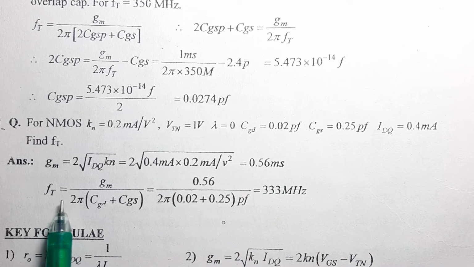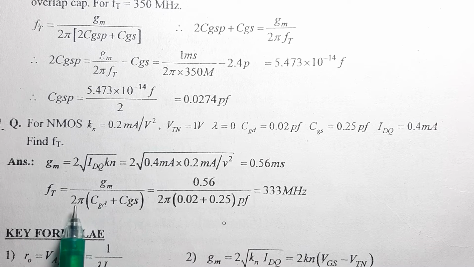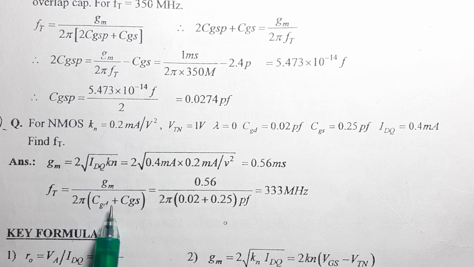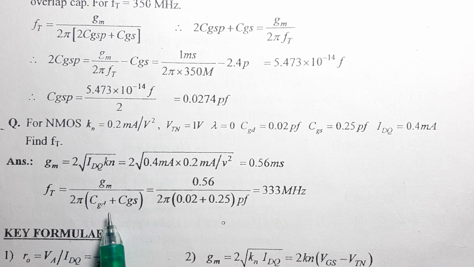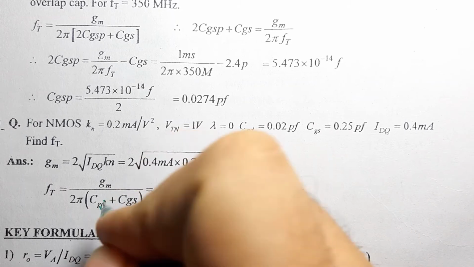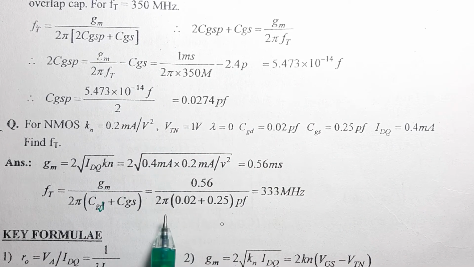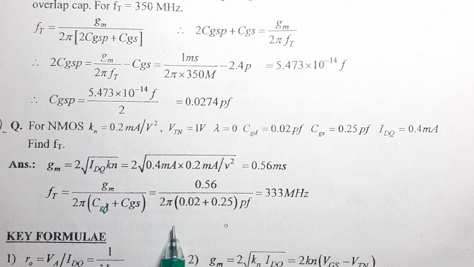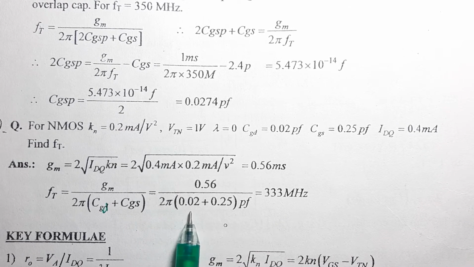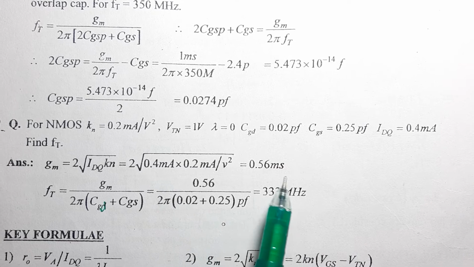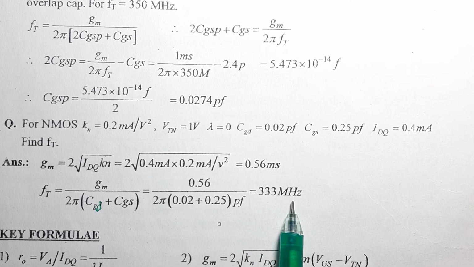Now your FT is equal to GM upon 2 pi into (CGS plus CGD), which is equal to 0.56 upon 2 pi into (0.02 plus 0.25) picofarad, which is equal to 333 megahertz.